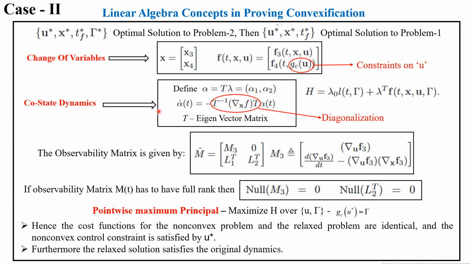With this co-state dynamics, you can form an observability matrix as given below. To have the observability matrix as full rank, you have to make sure that del u f3 and del x f3 have fully linearly independent vectors. Only if that is guaranteed, the whole observability matrix is guaranteed.